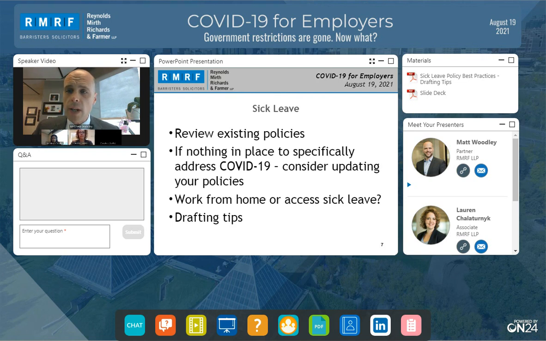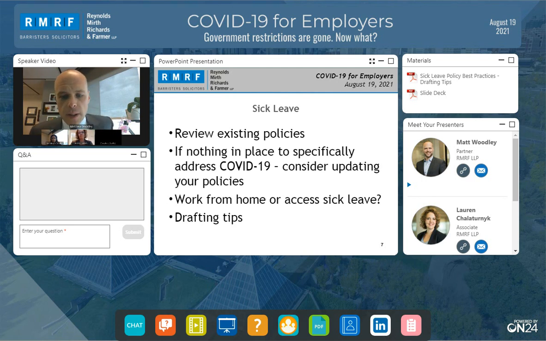Given the significant risks for an employer from COVID-19 in the workplace, you have to make it clear that non-compliance with the policy will result in disciplinary action up to and including termination for just cause. And you can probably tell I've written that phrase a lot lately because it just rolls off the tongue, but it's very important that it be in your policy book. So that's the focus with respect to sick leave policies.